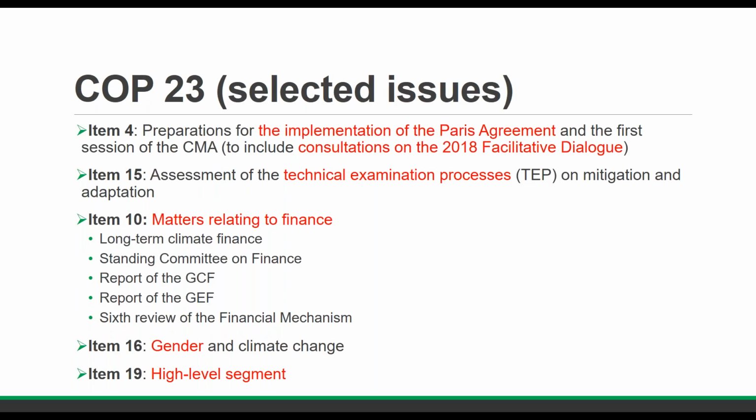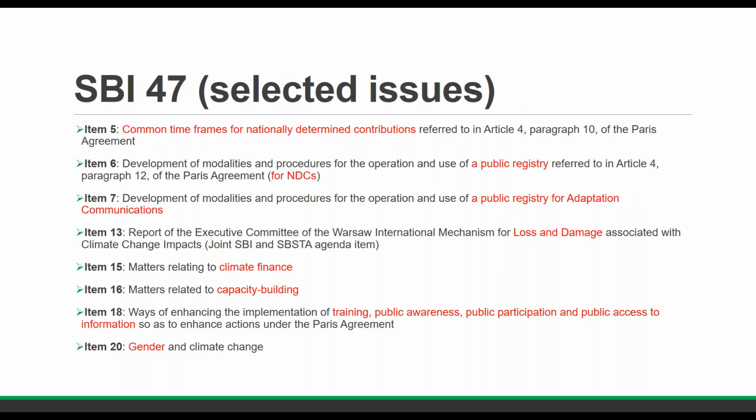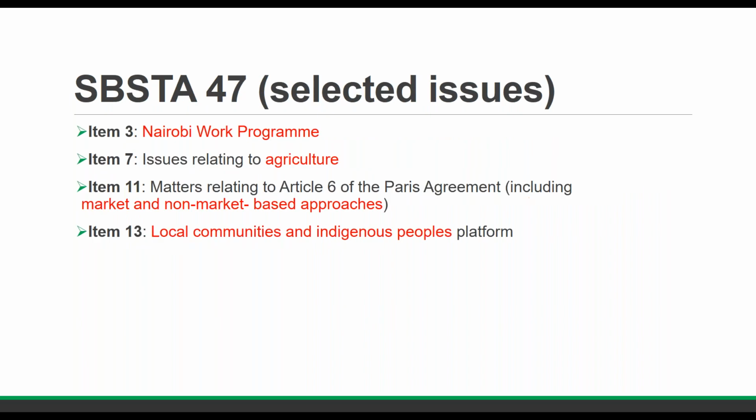And again, this just shows you how the different agenda items for each one are set up, and you can use this to give yourself a better understanding. For example, under the SBSTA, you have issues related to agriculture. There's a really important agenda item on a new platform on local communities and indigenous peoples, which will be discussed.